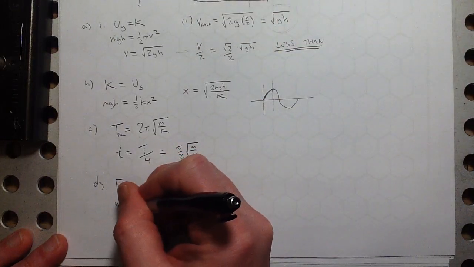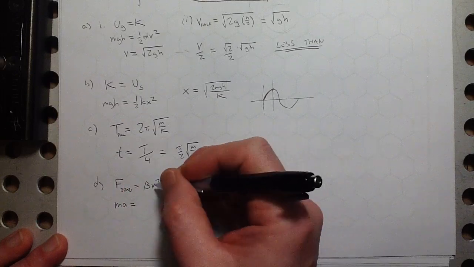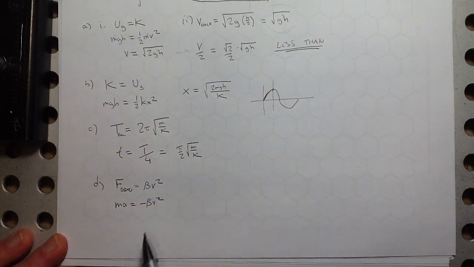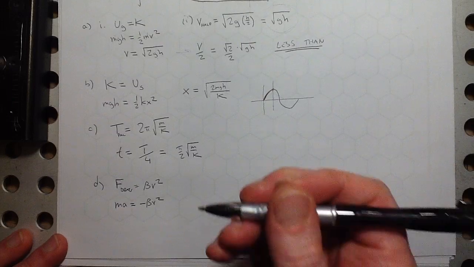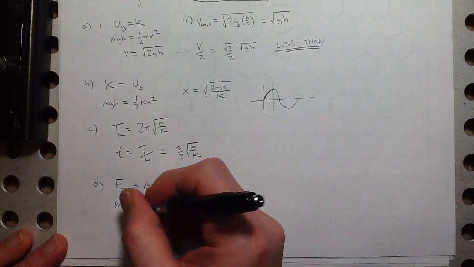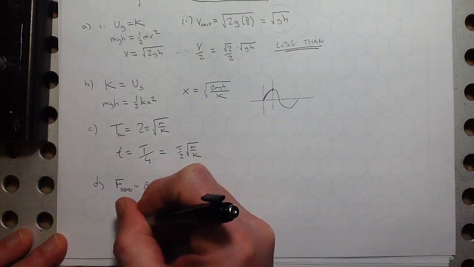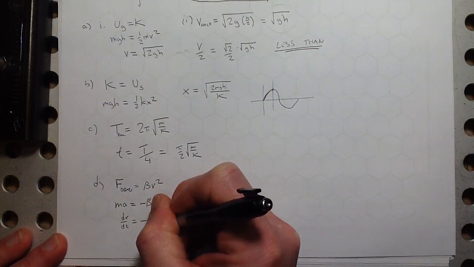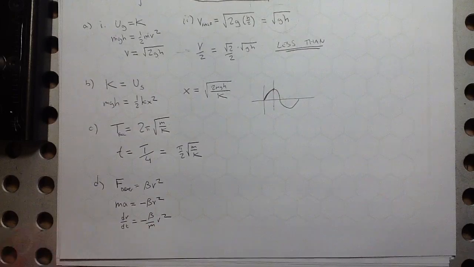So mass times acceleration would be equal to negative of this, because it's a resisting force, so the acceleration and the velocity will be in different directions, so that negative sign is necessary there. So that means that the acceleration, dv dt, is equal to negative beta over m times v squared. And that's it for that part. They just want the differential equation, they don't want us to solve it.